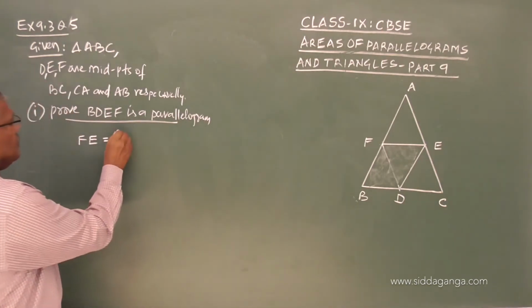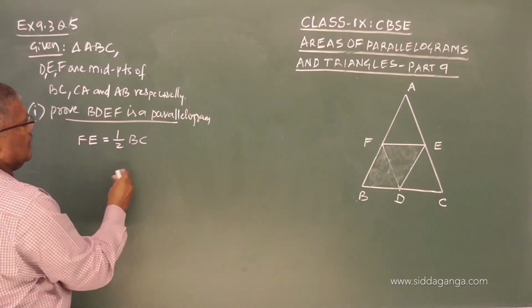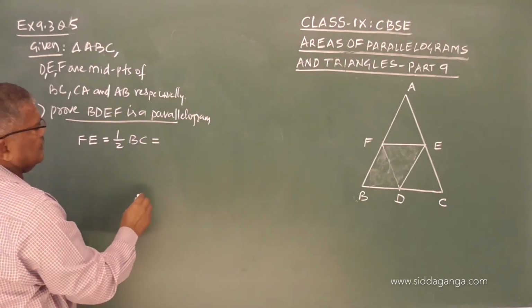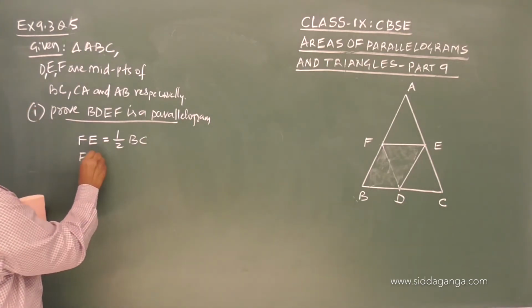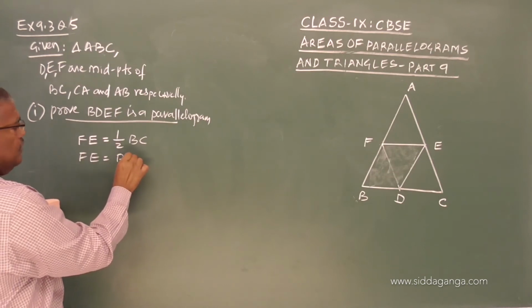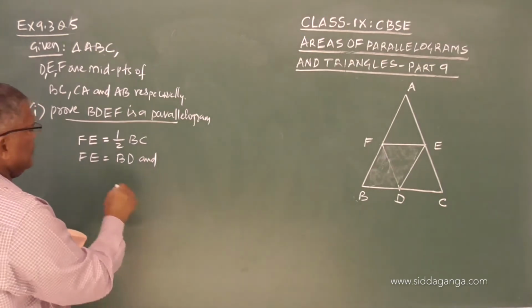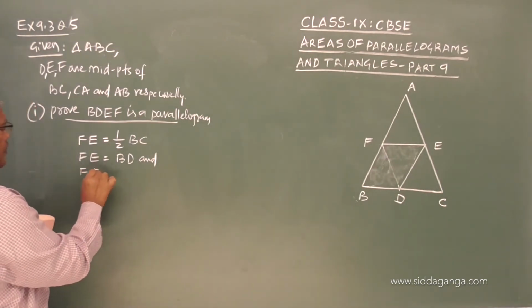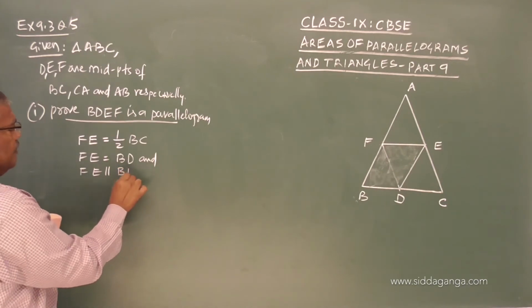So FE equals half of BC, which is BD, and not only that, FE is parallel to BD.